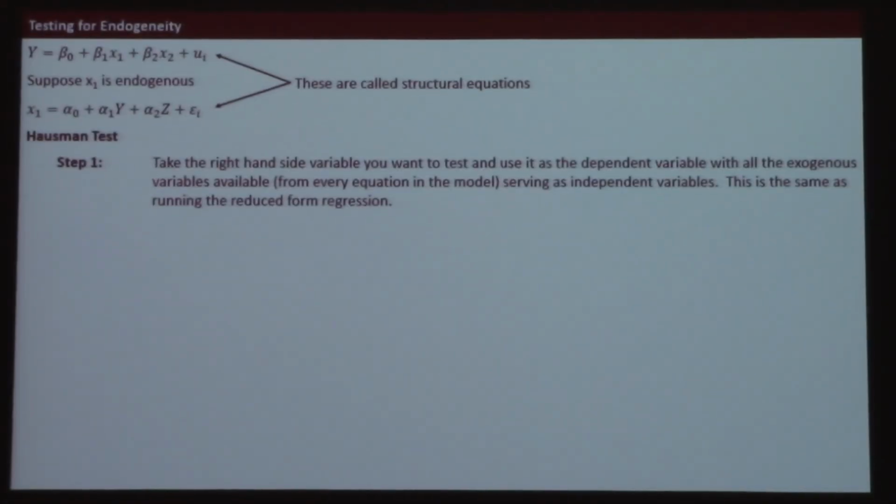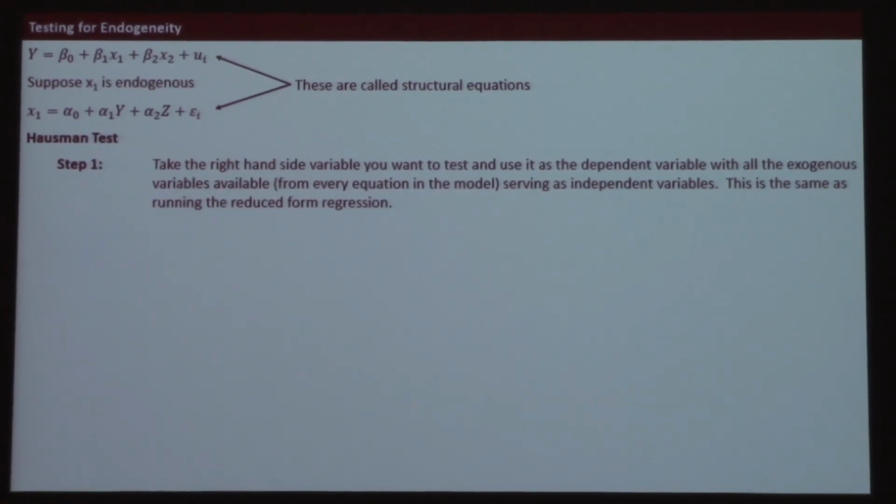We're going to use something called the Hausman test. The Hausman test is pretty simple. So step one, take the endogenous variable and use it as the dependent variable with all the exogenous variables from every equation.